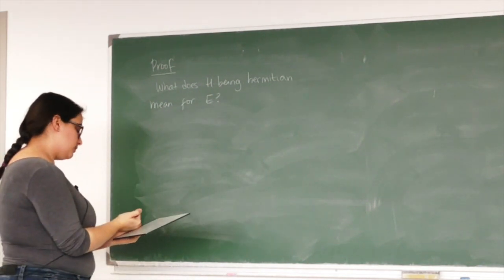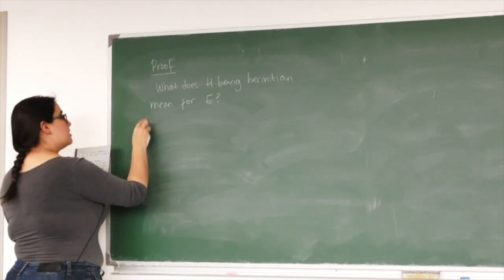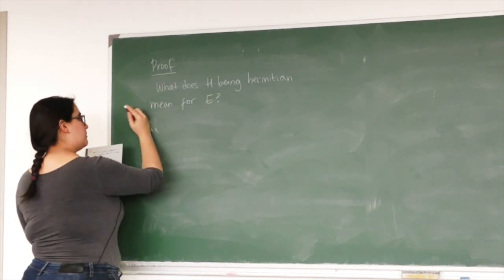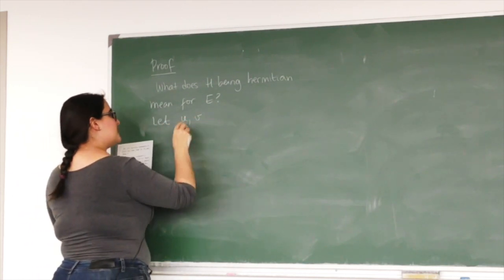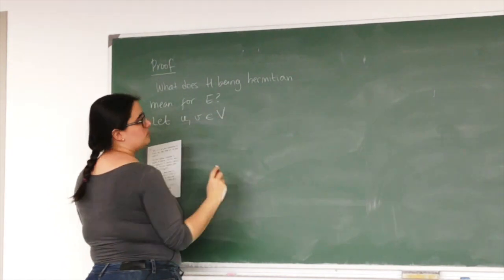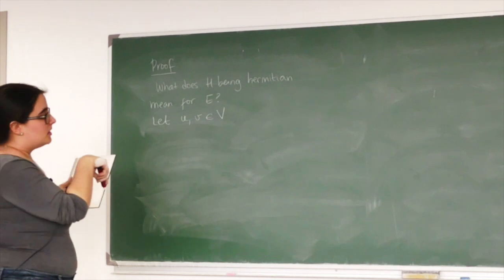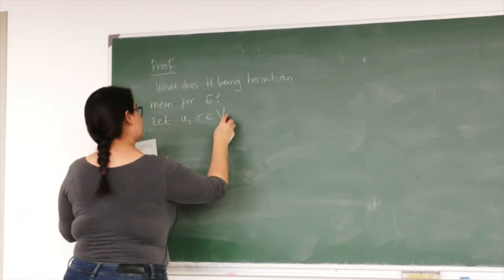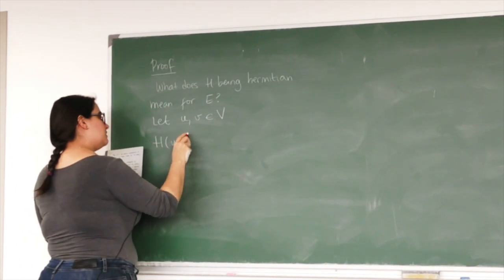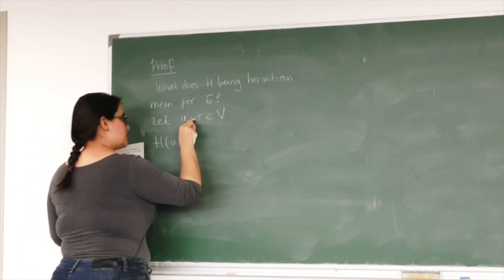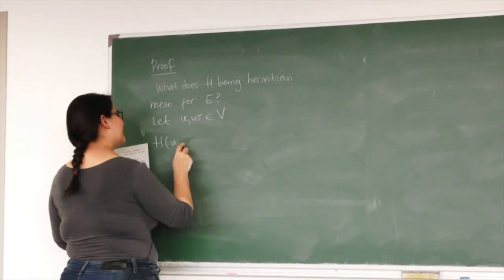Okay, so let us start by writing what H being Hermitian means. So we take H, we take two elements of the vector space, U and W. We can take C to the G if you want. Let me take W so that they are definitely very different, so it's clearer for you to read.